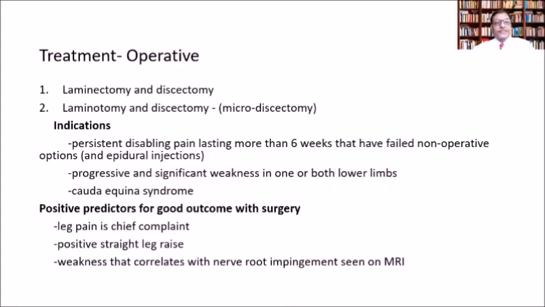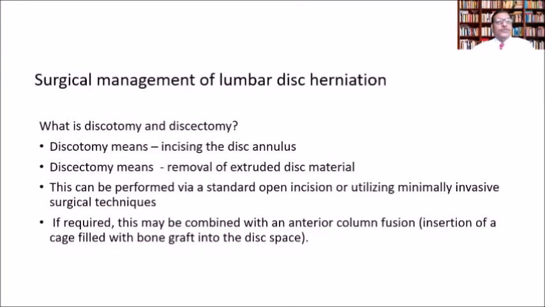The positive predictors for a good outcome with surgery are when the leg pain is the chief complaint, when the straight leg raise test is positive, and when the weakness correlates with the nerve root impingement seen on MRI. What is discotomy and discectomy? Discotomy means incising the disc annulus, and discectomy means the removal of extruded disc material.